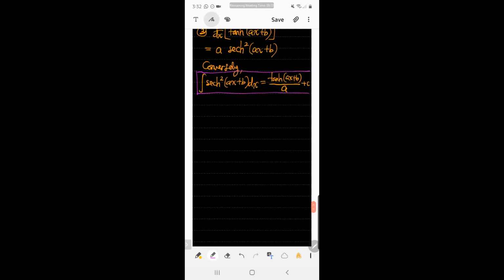So for example, let's say now I talk about the integral of 3 sech squared(4 - 6t) dt. If I ask you to integrate this one, the 3 is just a constant, so you always keep the 3. Then you know that integrating sech squared would give you tanh.